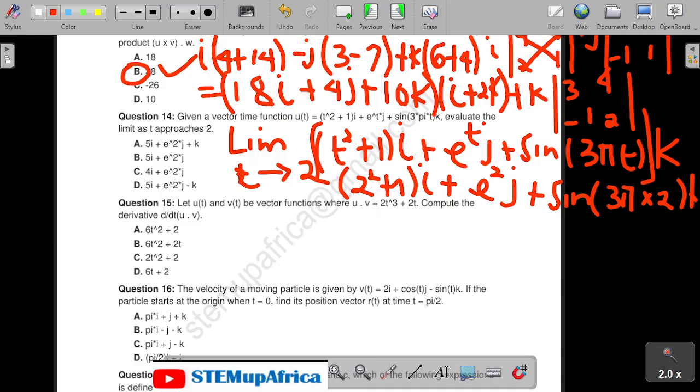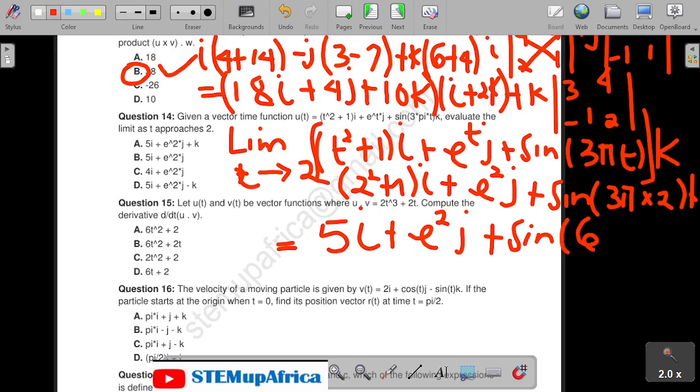If I simplify, I'm having 5i, because 2 squared is 4 plus 1, that is 5, plus exponential 2j. Then 2 times 3, that is 6, so plus sine 6 pi k. You know, pi in trigonometry is 180 degrees. So what is 6 times 180?